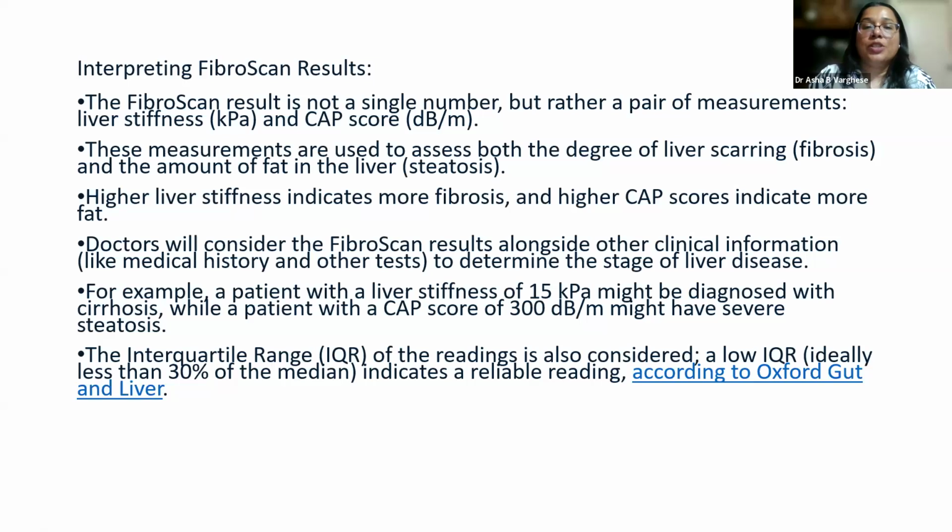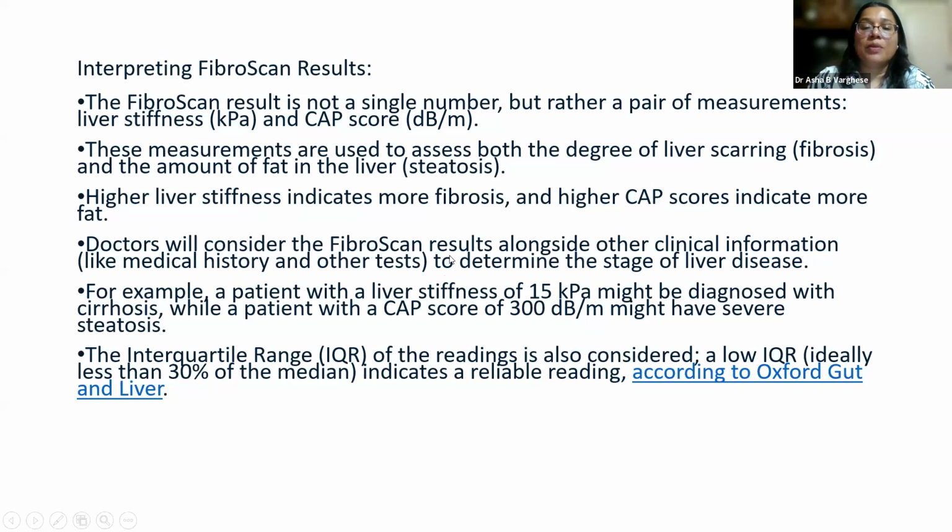Okay, so interpretation of the FibroScan. The FibroScan result is not a single number. As I told you earlier, you get both numbers, the liver stiffness number as well as the CAP number. The measurements are used to assess both the degree of liver scarring and the amount of fat in the liver. Higher liver stiffness indicates more fibrosis. Higher CAP score indicates more fat in the liver.